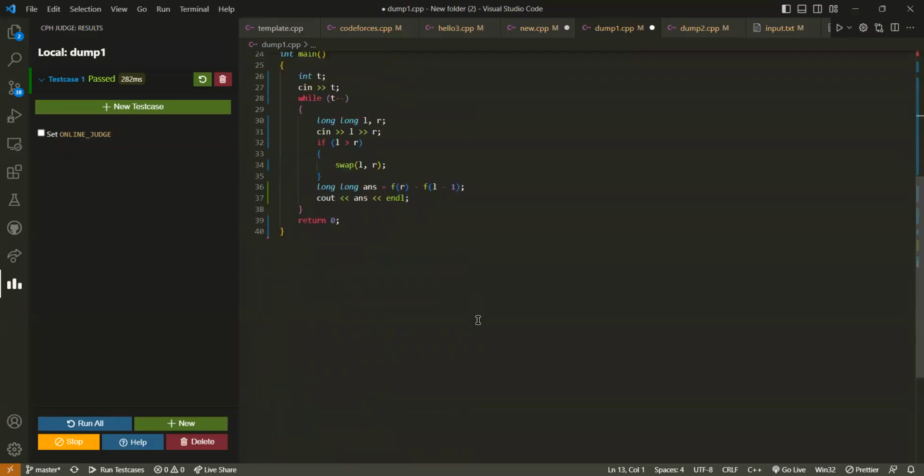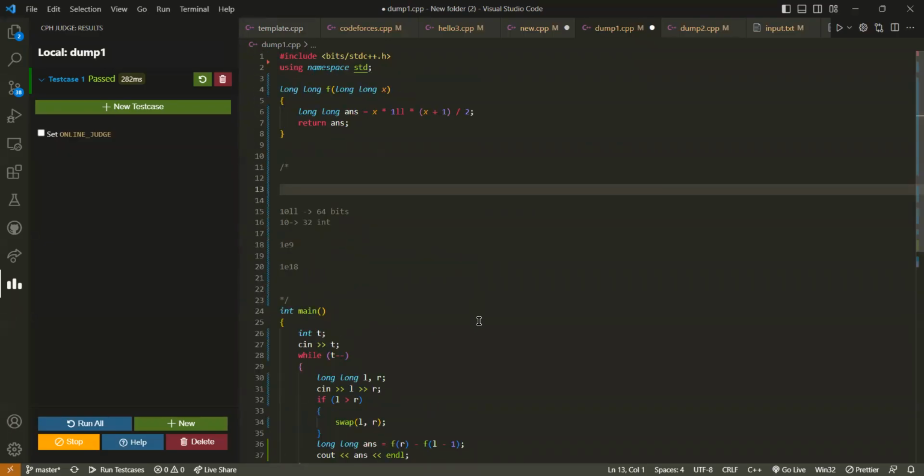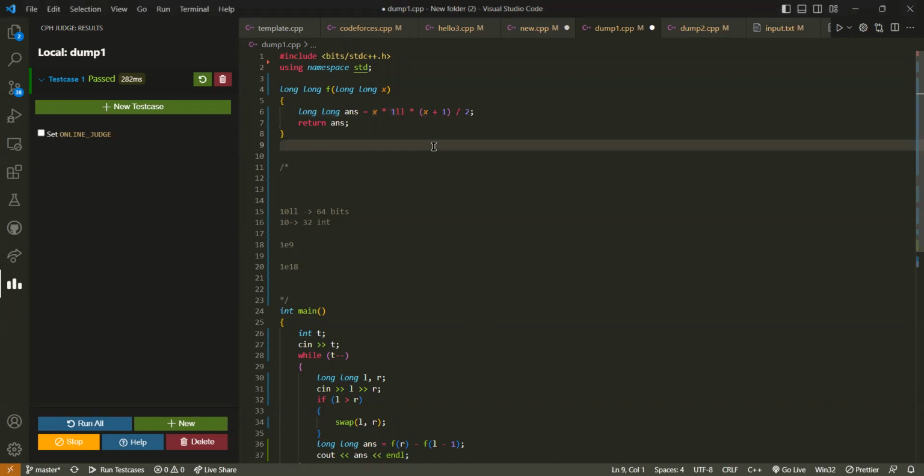Any other doubts? Yes, sir. Sir, as you said, to make the right thing long, we need to multiply by 1LL. But in the beginning of the function you have mentioned x as long. So if we don't multiply by 1LL, won't it be considered long only, because we are multiplying long into long plus 1 by 2?